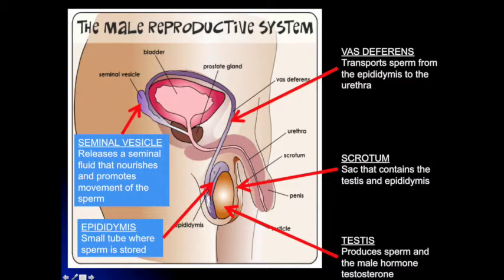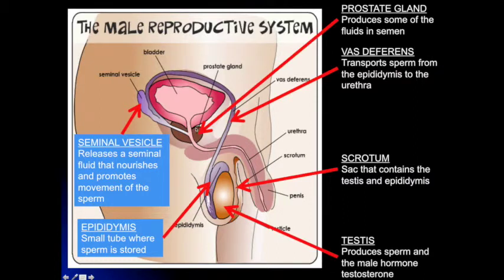So as the sperm exits the epididymis through the vas deferens, it passes over here where the seminal vesicle releases semen, that allows the sperm to move through and go to this other tube, which is the urethra.